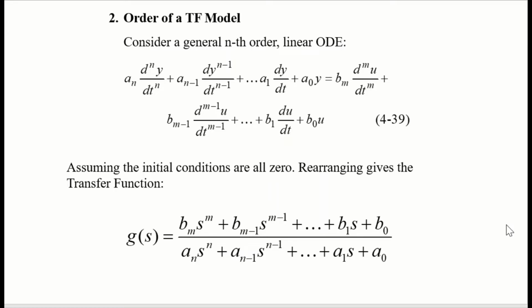As I say, it's obtained by converting linear differential equations into a transfer function, and then the top line can be factorized into zeros and the bottom line can be factorized into poles. We'll now look at a brief tutorial session where we'll go into this in a little bit more detail.